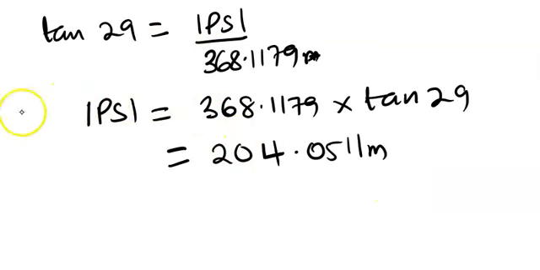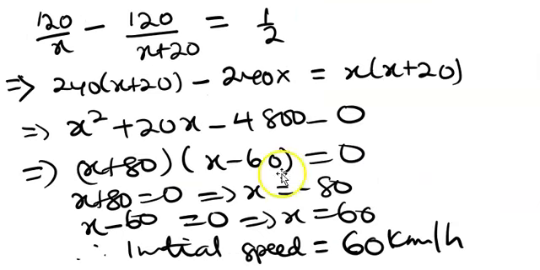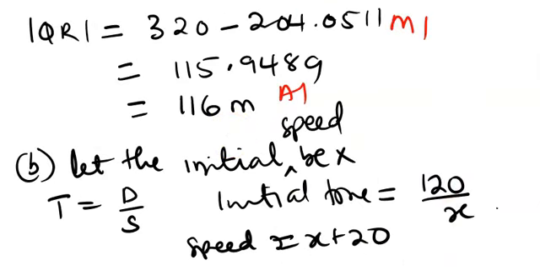When it comes to this side too, if you are able to get this answer, you get A1, right? In finding the difference, for subtracting M1, final answer A1, right? Setting up your equation, the initial time, either this or that, you get M1.